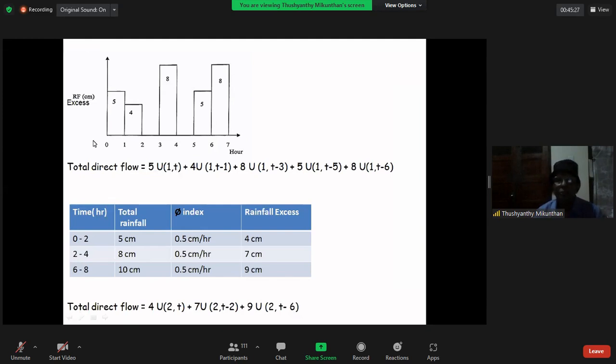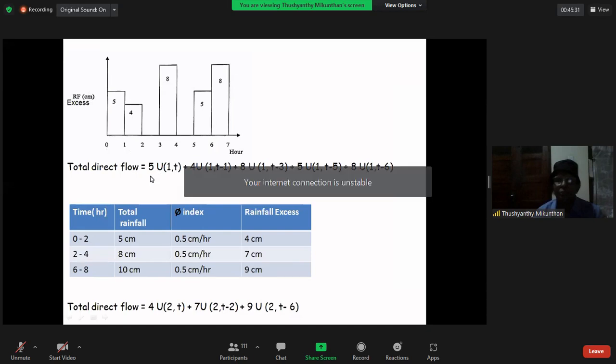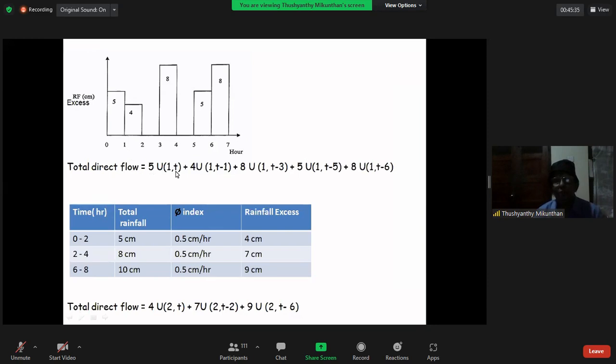So we put this 0 as t. So 5U 1 t, plus this one 4U 1 t minus 1, because this duration is 1 hour.